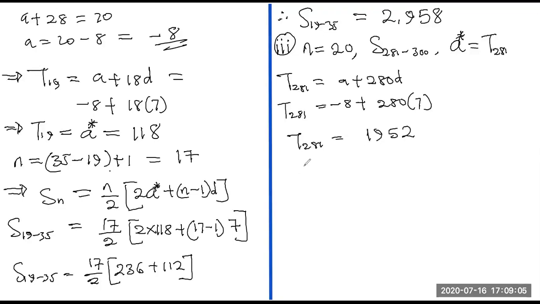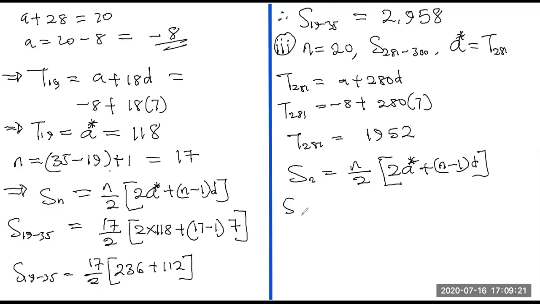So if we still use our sum equals n over 2, you see, I'm always writing the formula. The more you write it, the more you get used to it. So if we use our sum formula, that means our sum 281 to 300 is equal to n, which is 20, over 2 into 2 multiplied by the pseudo first term, which is 1952, plus 20 minus 1 multiplied by 7, which is our common difference.